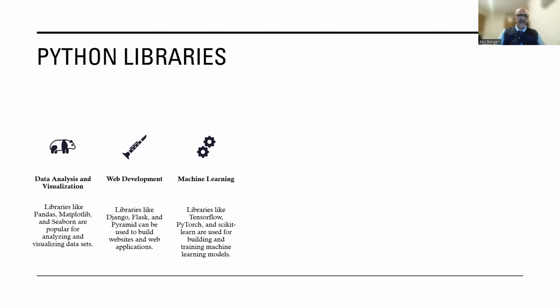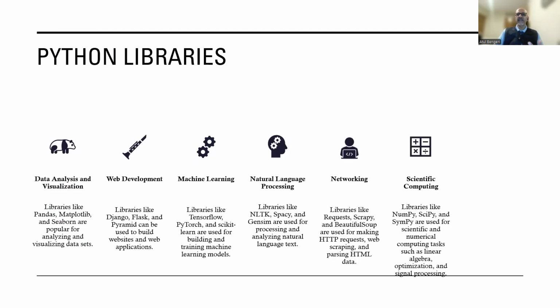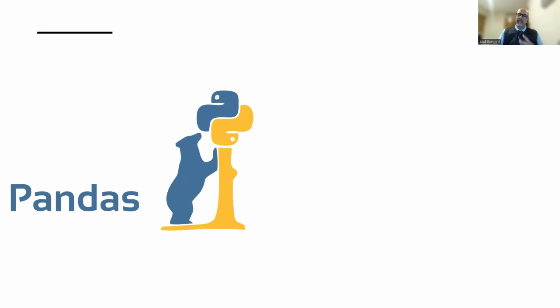So machine learning naturally becomes one of the major components through the libraries that Python provides us with. Natural language processing, networking, scientific computing, and of course, game development are a few of the various applications that can be developed using Python and its inbuilt libraries. Our focus being on pandas, let's see the capabilities and the usefulness of pandas as a library within Python.